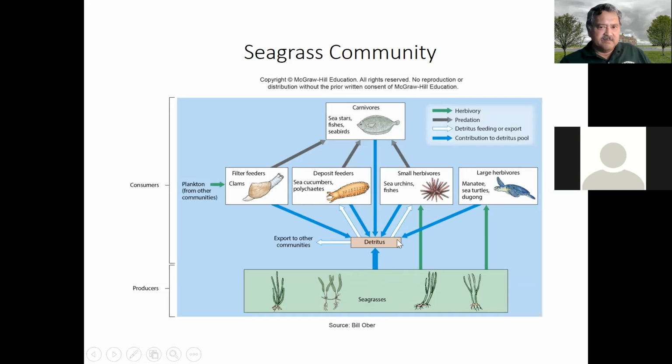So other organisms are going to benefit when the breakdown of these chemicals occur. And so see over here, it says export to other communities. You have the deposit feeders taking that out, herbivores eating the seagrasses right there.